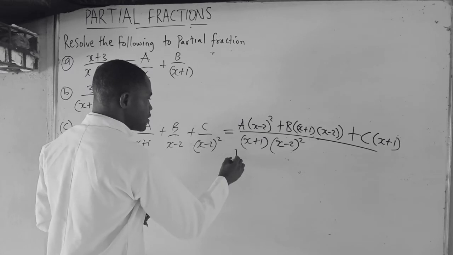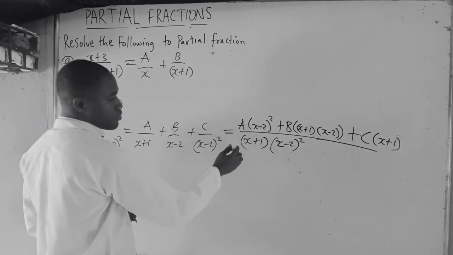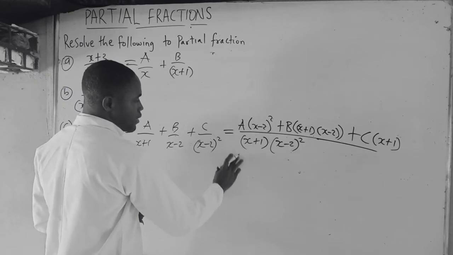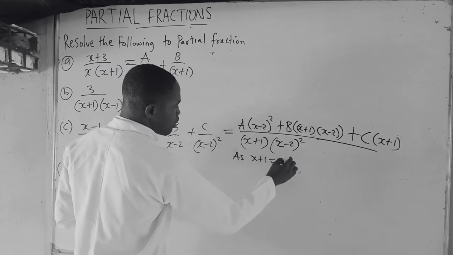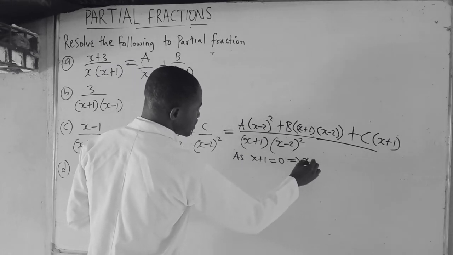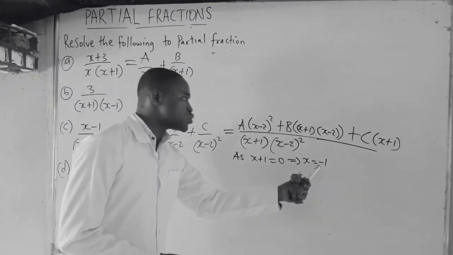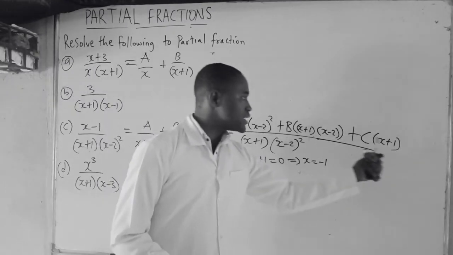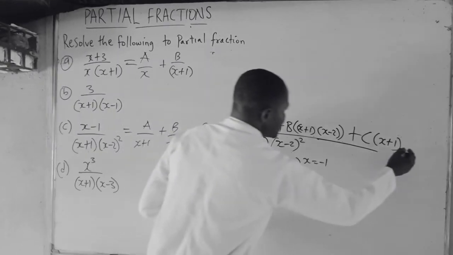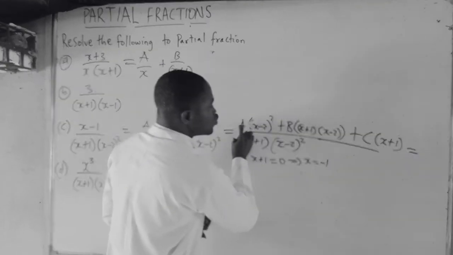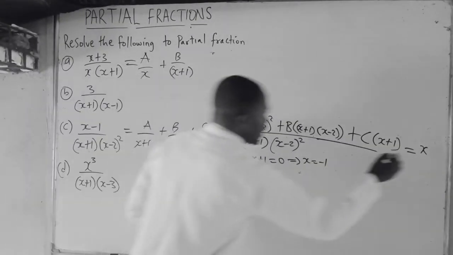I say, make s plus 1 equal to 0. As s plus 1 is equal to 0, it implies that s equals minus 1. As I have minus 1, carry it and substitute inside everything. Remember that all this numerator is equal to s minus 1.